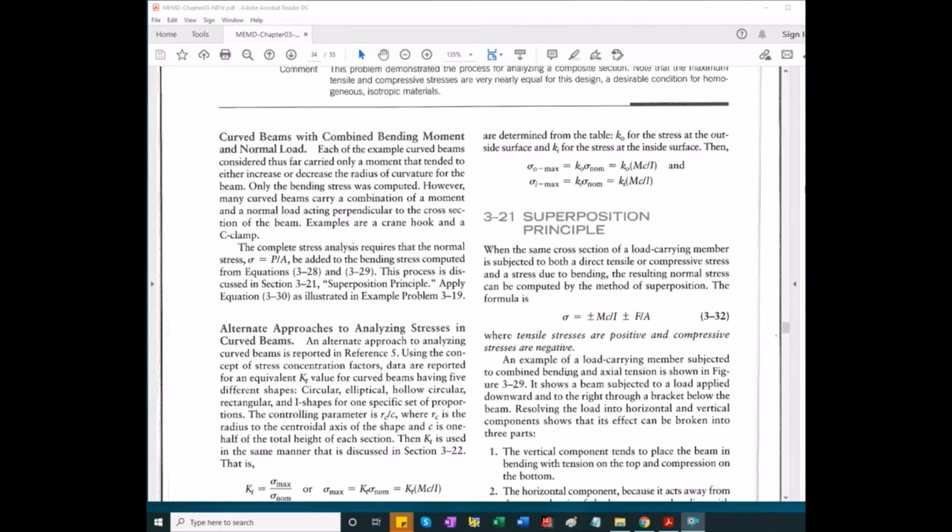Right. So we stopped discussing the chapter here at the superposition principle. Is it possible to have, in addition to bending, other effects like axial tensile or compressive forces? These are easy-to-handle cases.